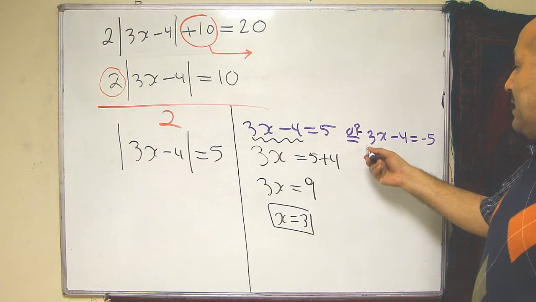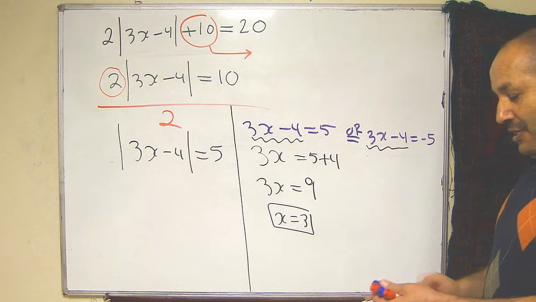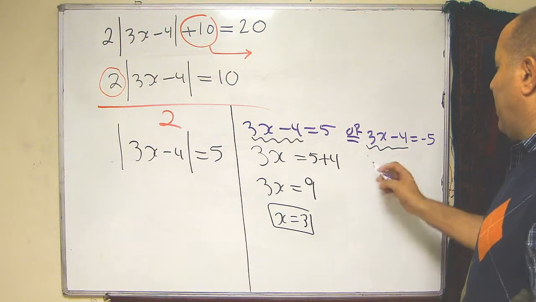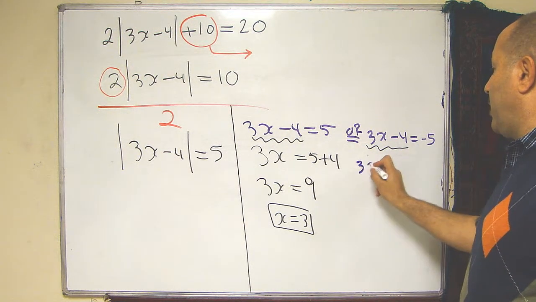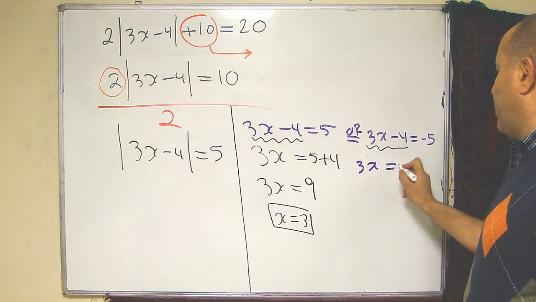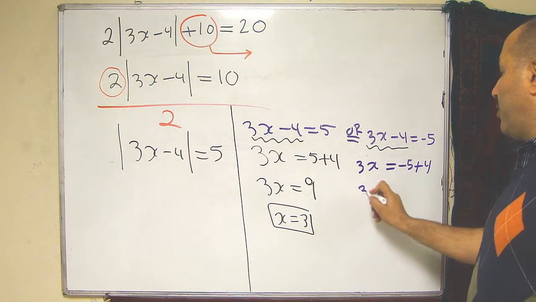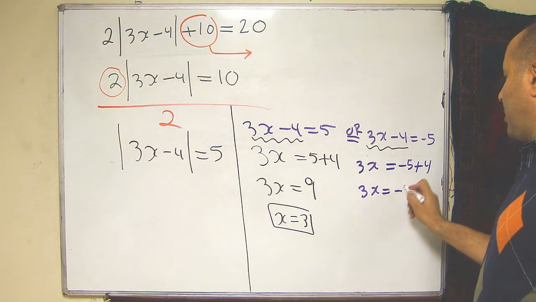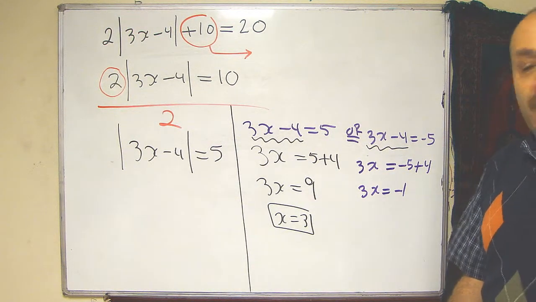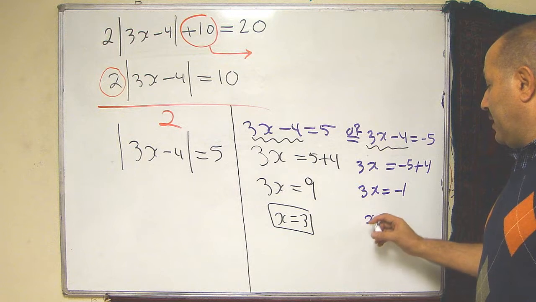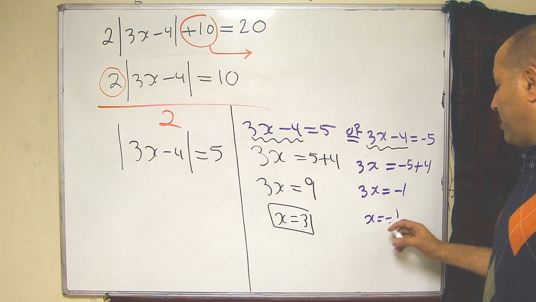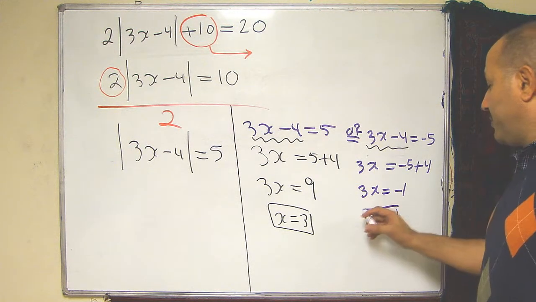If we consider the inside being negative, this is what I will have: 3x equals minus 5 plus 4. So 3x equals minus 1, right? And then finally x will be minus 1/3.